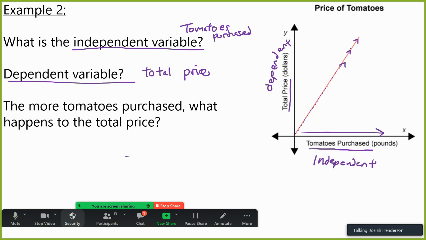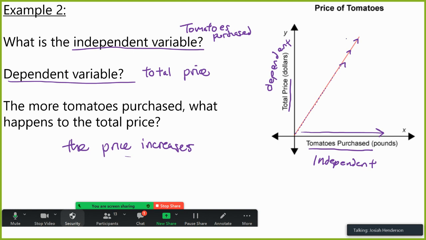So we could say that the total price is going up also. As we buy more tomatoes, the price is increasing. So as we buy more, the price is increasing.